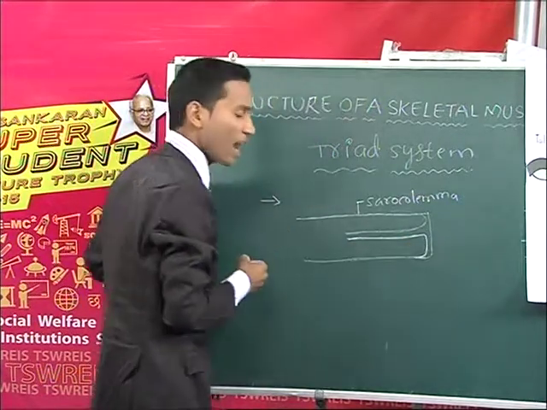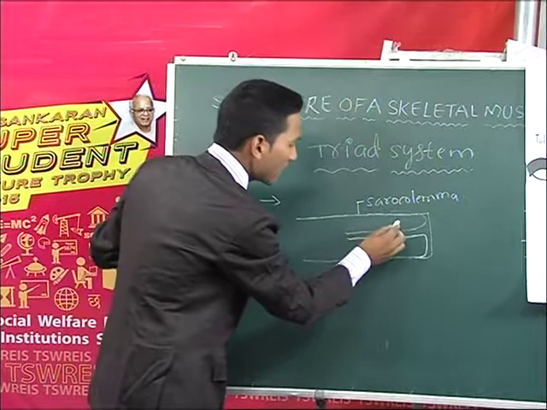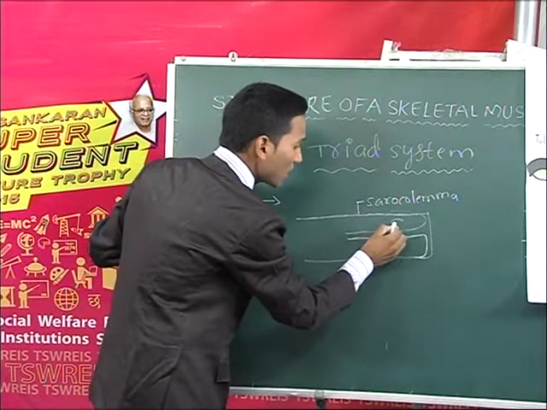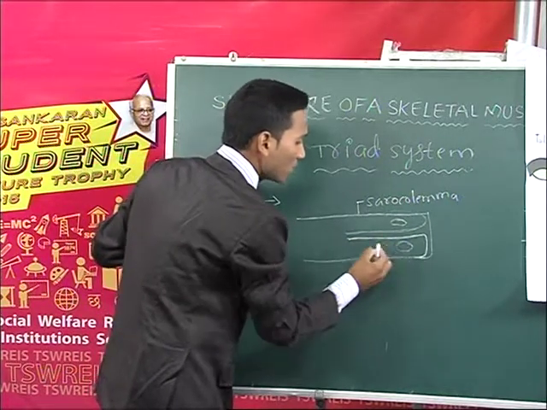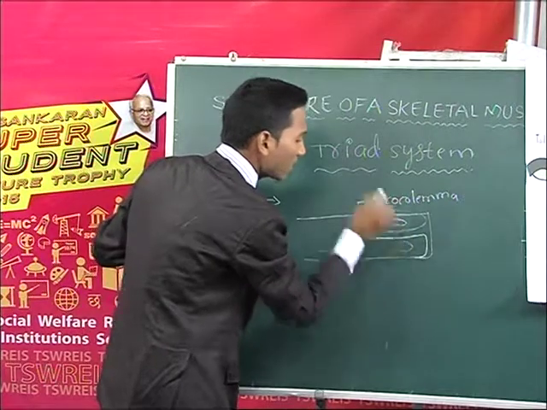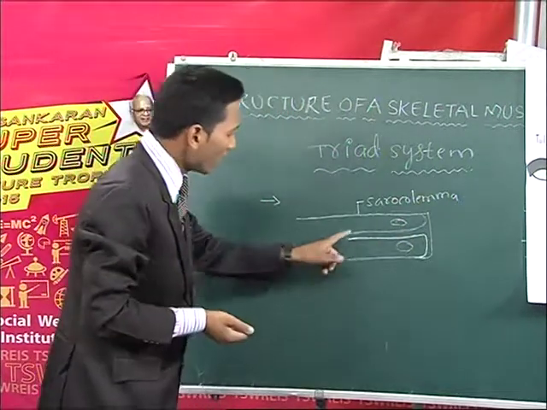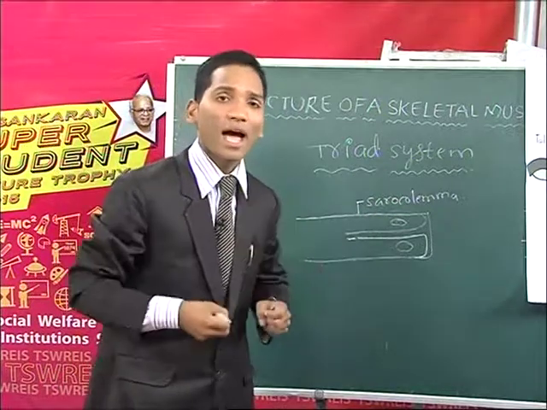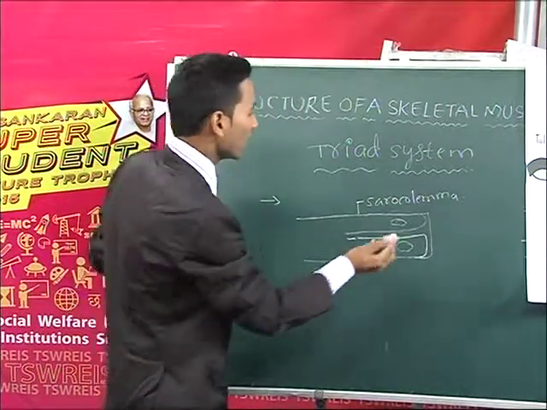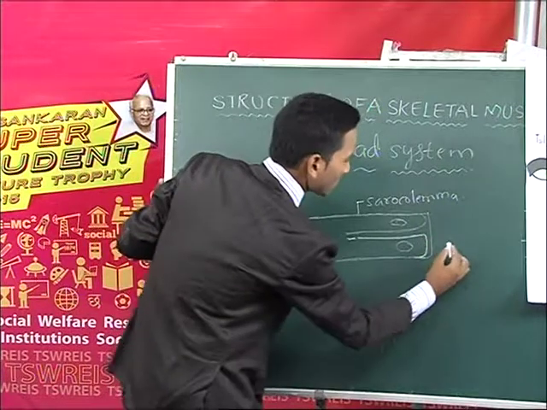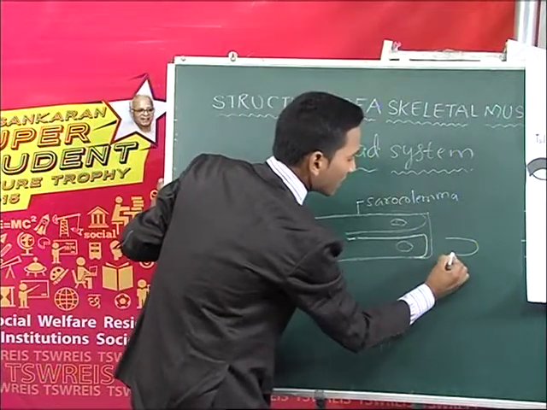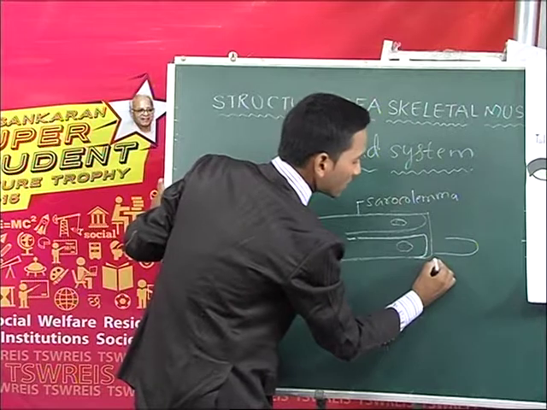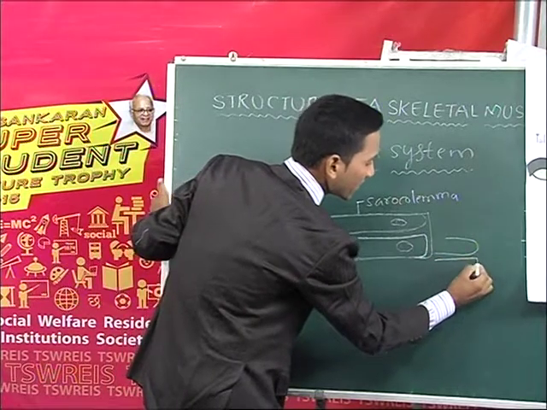On either side of this T tubule, two cisternae are formed. So, it is one cisterna, and it is another cisterna. One T tubule and two cisternae constitute what is called the triad system. See here, when the sarcolemma invaginates into the sarcoplasm, it forms T-shaped tubules.